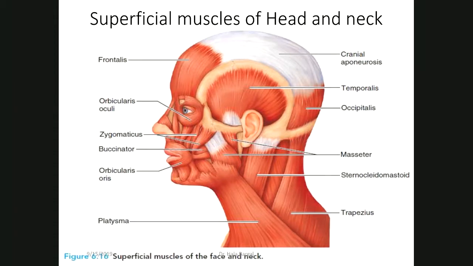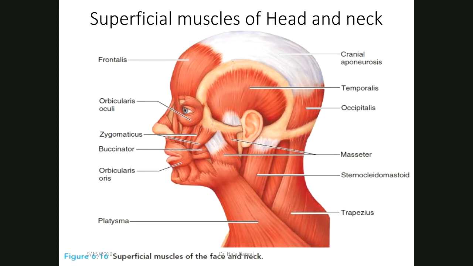Wrinkling of the forehead, as while we are angry, and wrinkling of the occipital part, which is more prominent in males than females. Then this muscle, which we call the temporalis muscle. The temporalis muscle is named after its anatomical position over the temporal bone.